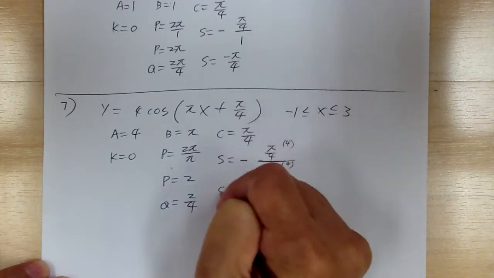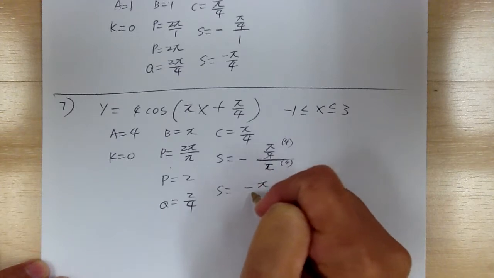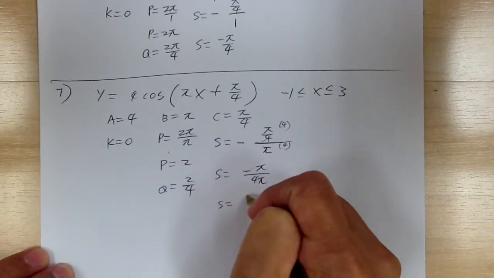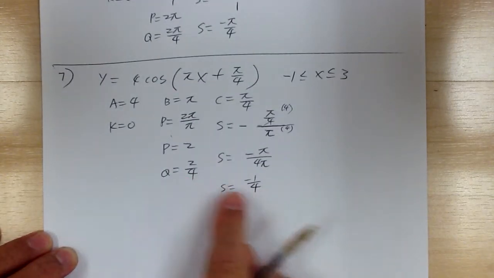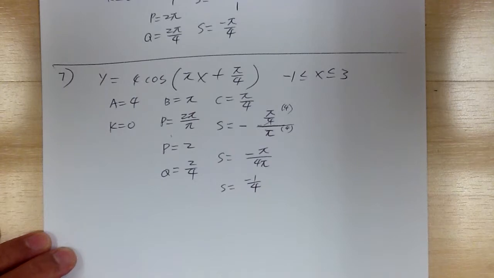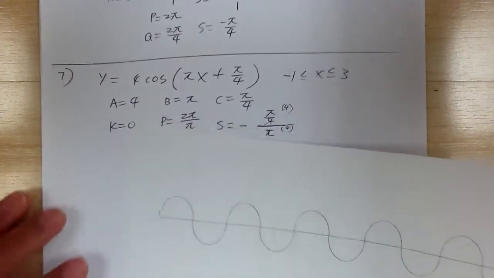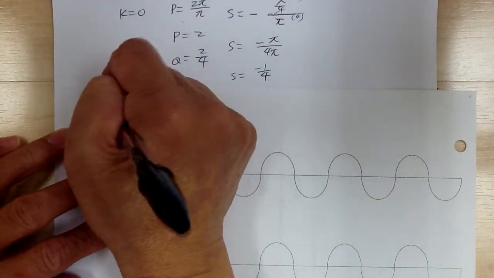So this will cancel out, and it'll be negative pi over 4 pi. The pi will cancel out, so s equal to negative 1 over 4. And see, you have a common denominator, so you're fine. Now we're ready to do graphing. I'm going to do it on the back side, so number 7.